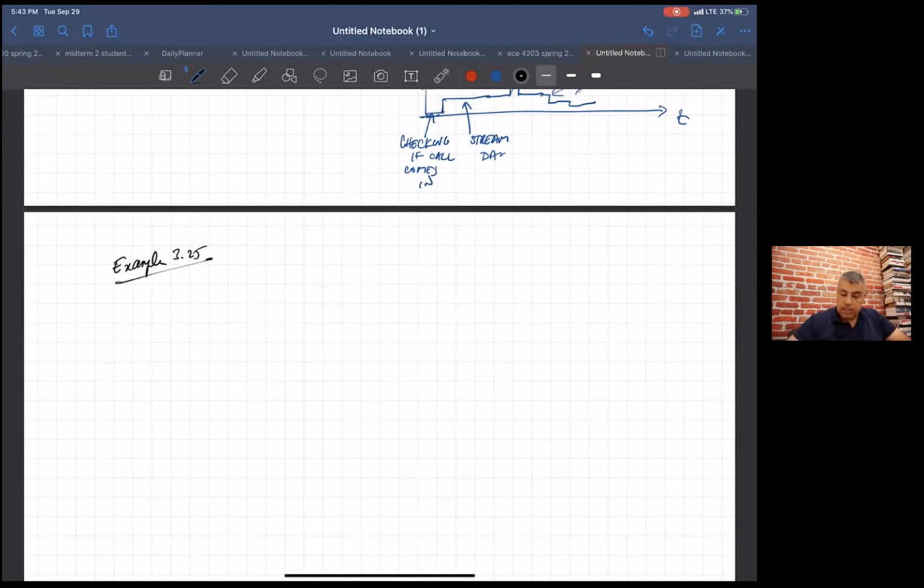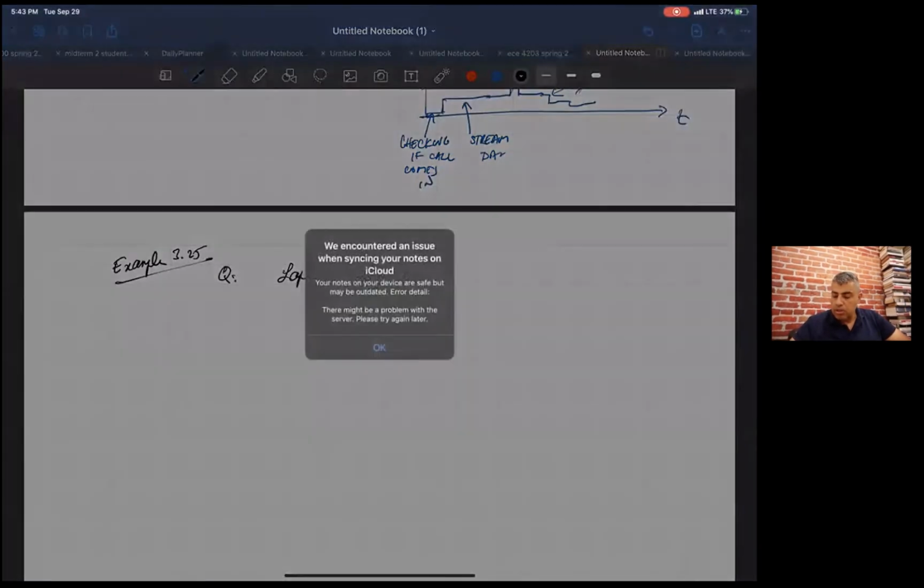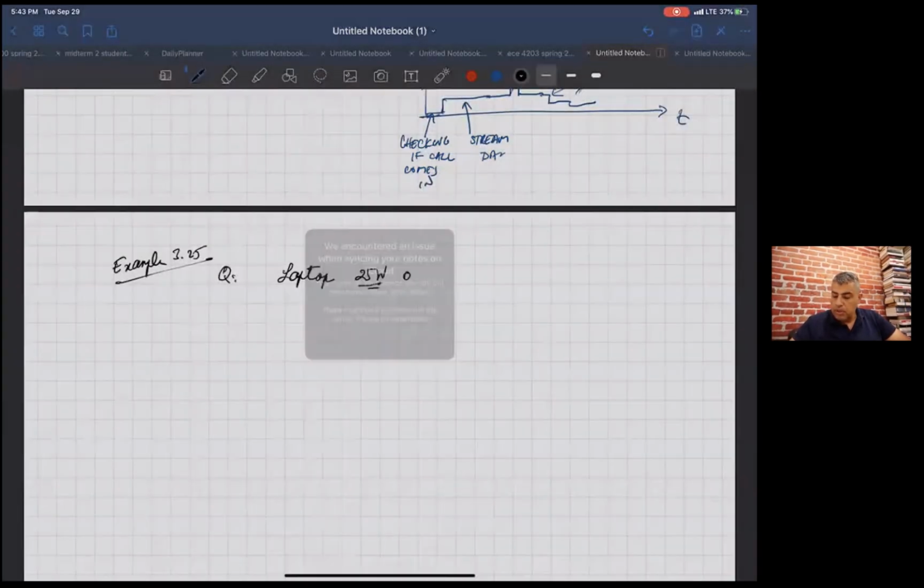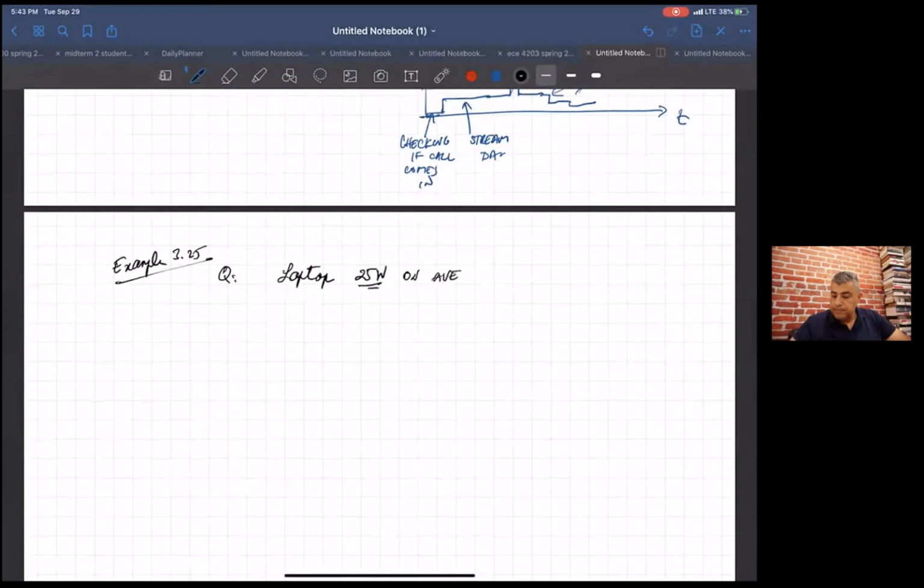The question is, we have a laptop that takes up 25 watts on the average, and it needs a 3.3 volt power supply.